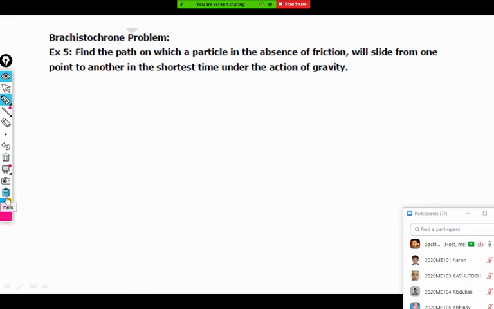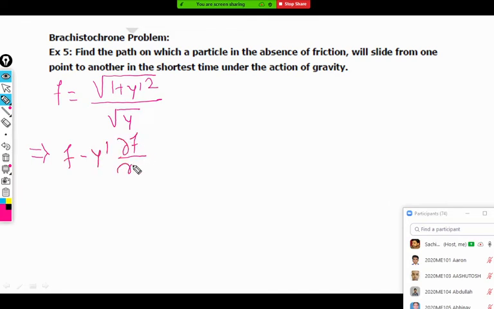We have f, which is root of 1 plus y dash square upon root y, and this f should satisfy the equation f minus y dash into dou f by dou y dash is a constant. So the value of f is root of 1 plus y dash square divided by root y, minus y dash.